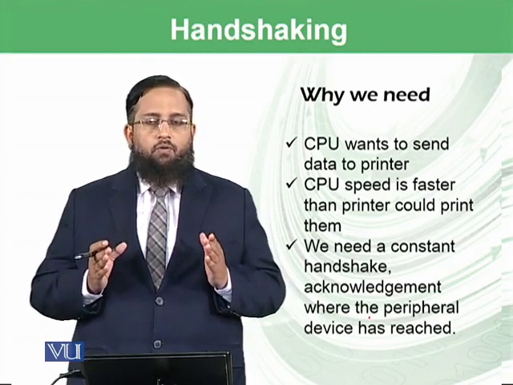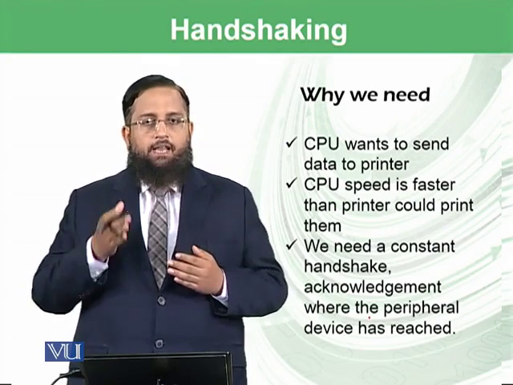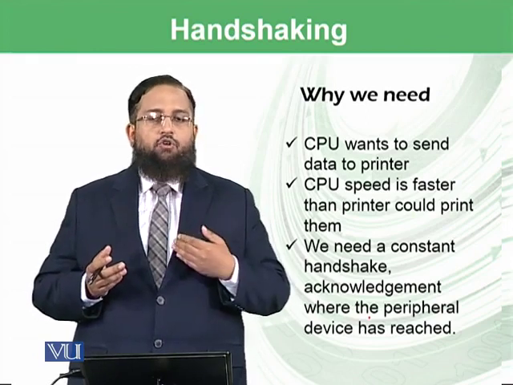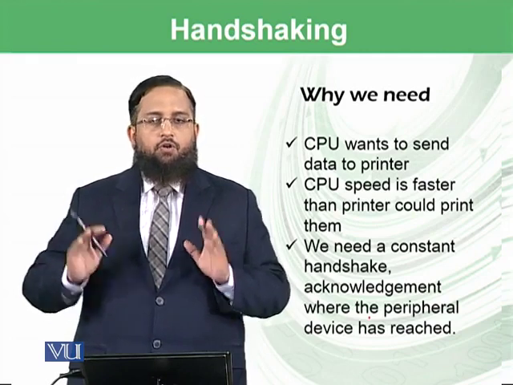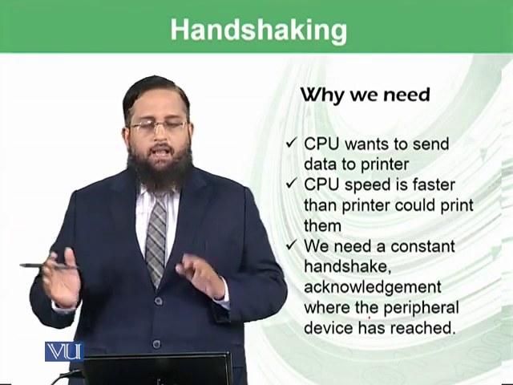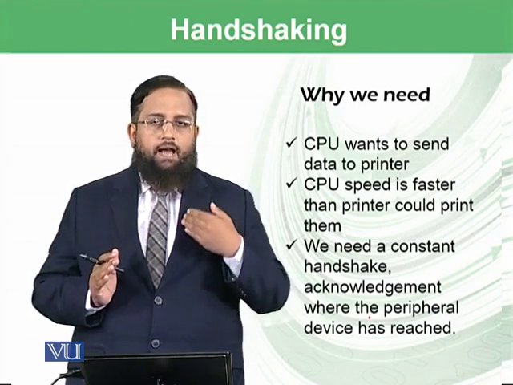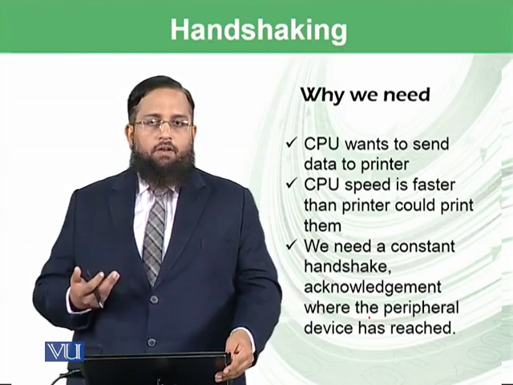So in computer science we follow a handshaking strategy. In the handshaking strategy, every device tells the CPU, please wait, I am still printing the previous content and you should not send me the next content until I am free. That is being done on a regular basis.